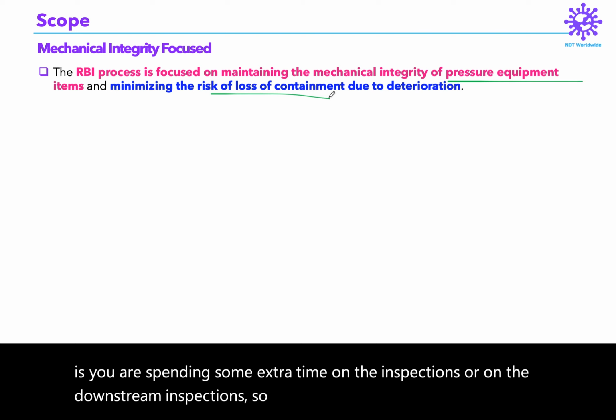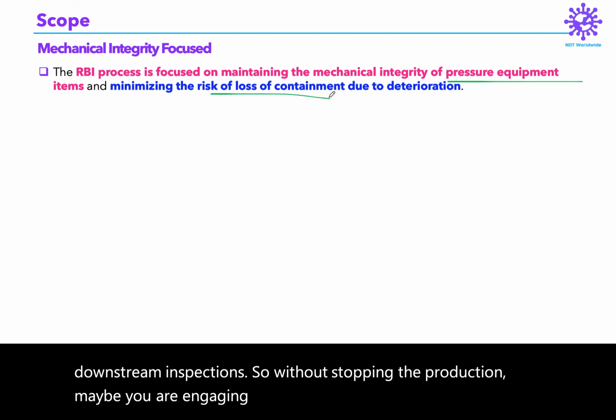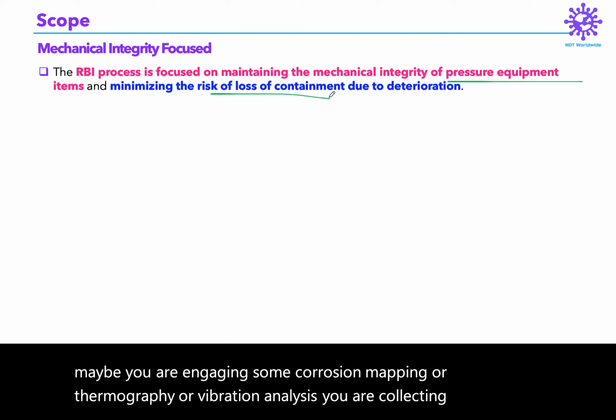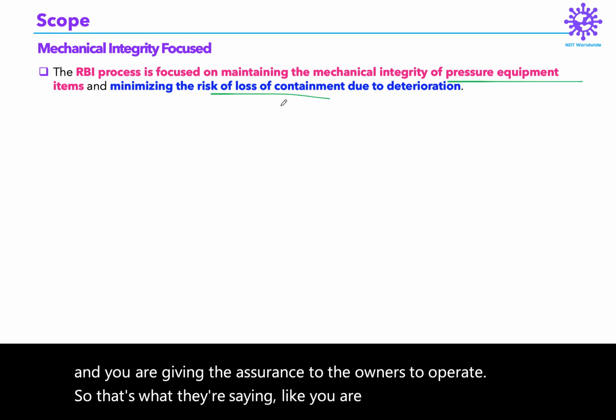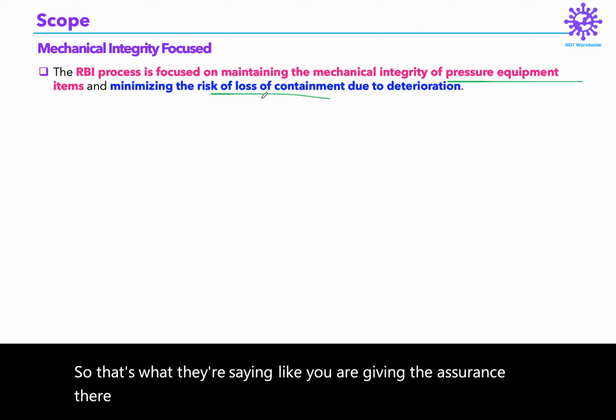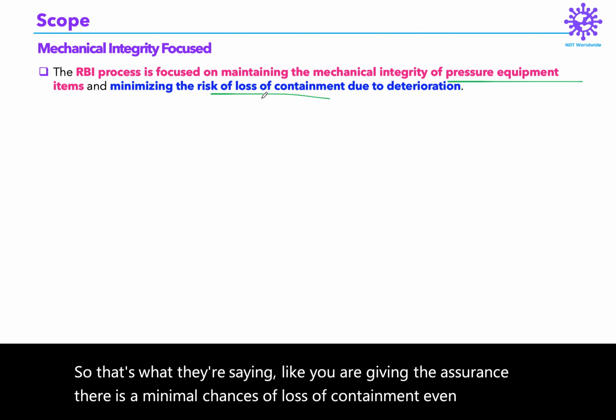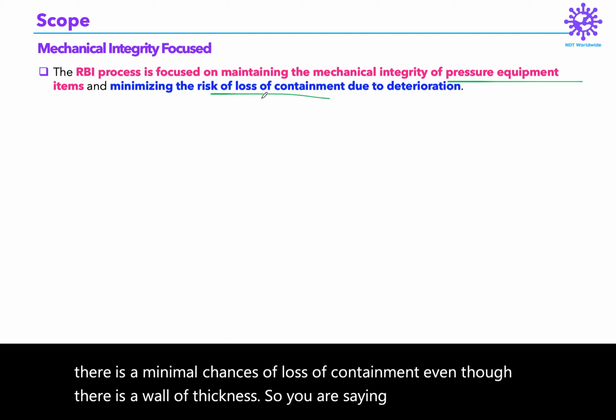Without stopping the production, maybe you are using corrosion mapping or thermography or vibration analysis, collecting data and giving the assurance to the owners to operate. You are giving the assurance that there are minimal chances of loss of containment even though there is wall thickness loss. So you are saying there is no issue, we can operate.